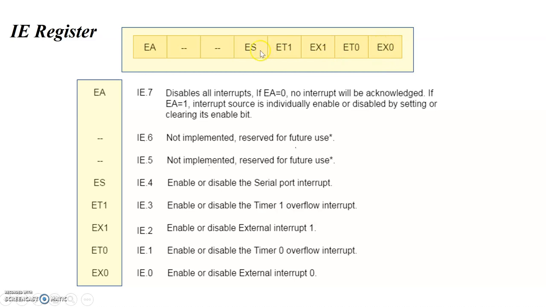These need to be set to 1 for these interrupts to be acknowledged by the 8051. If any one of them is 0, that particular interrupt will not be acknowledged.